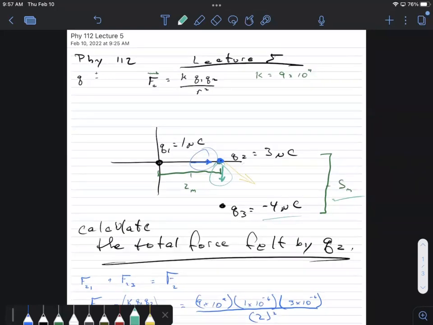Or the same goes for 2 and 3. Charge 2 is being pulled towards charge 3 downwards, but charge 3 is being pulled upwards. So how do I know? Do I use the down or the up? Because both directions are in that force.